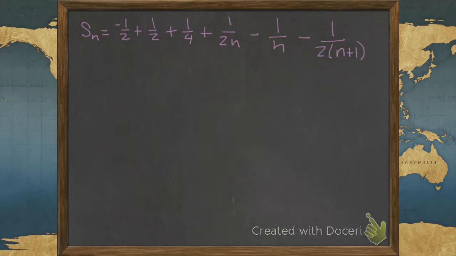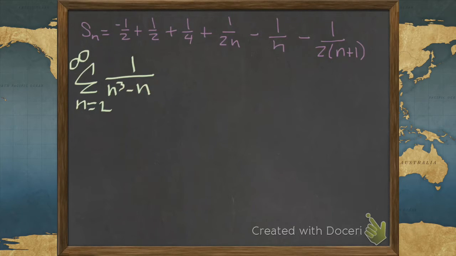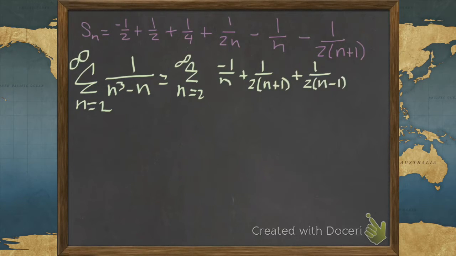How do we define our series? Our original series looks like that. We rewrote it. Then we recall that the limit as n goes to infinity of Sn is the sum of this series.